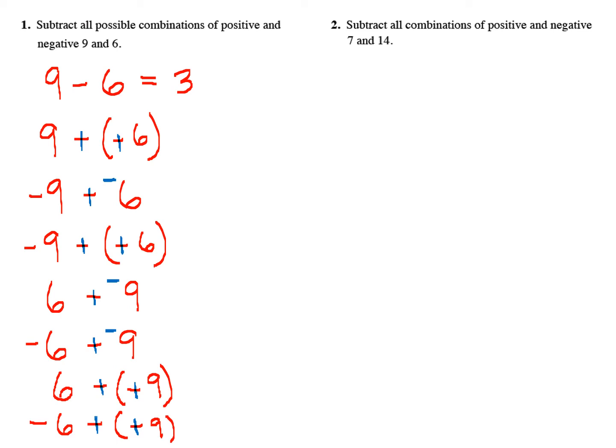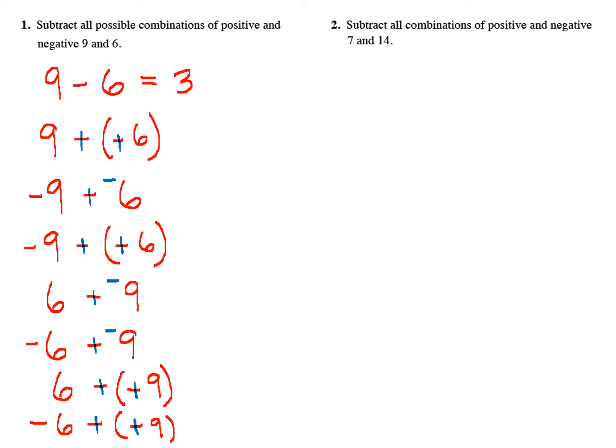All right, so 9 and 6, that's easy. Positive 9, positive 6, that's 15. Are we good there? Then you guys tell me here. Negative 9 and negative 6: negative 15. Negative 9, positive 6: negative 3, right? So negatives went out by 3 right here. Positive 6 and negative 9: negative 3.